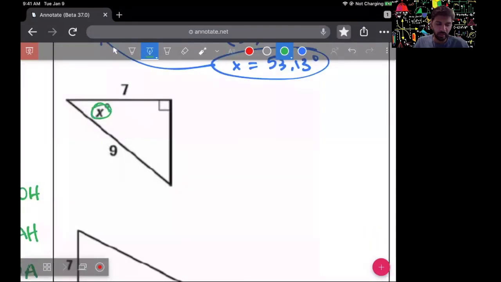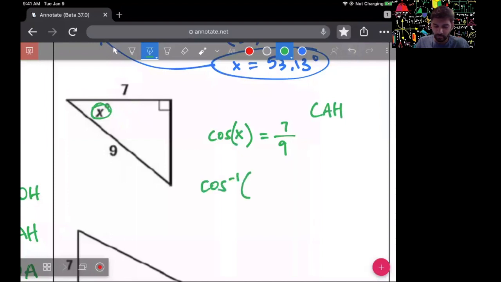Here I've got angle x. I have adjacent over hypotenuse. So this is AH, CAH. So cosine of x is equal to 7 over 9. I'm going to do the inverse cosine and put 7/9 inside the parentheses, move my x out.